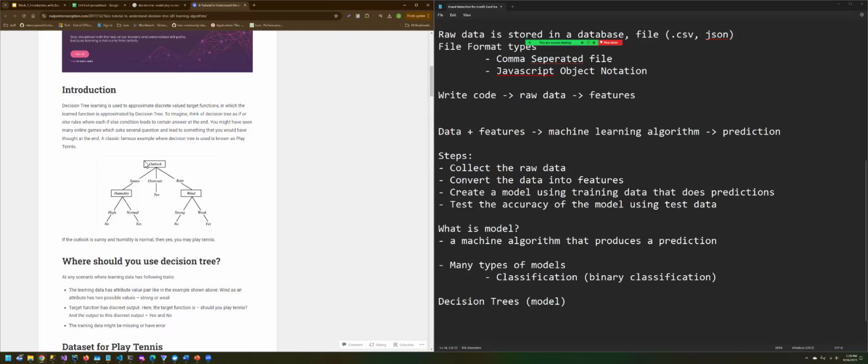On the other hand, if the outlook is sunny, the humidity is normal, I go outside and play. If the outlook is sunny and the humidity is high, I do not go outside and play. So you can typically look at this decision tree and understand what it's doing. And the cool thing is, it's similar to rule-based programming because you have if this, then that, else do this, otherwise do that.